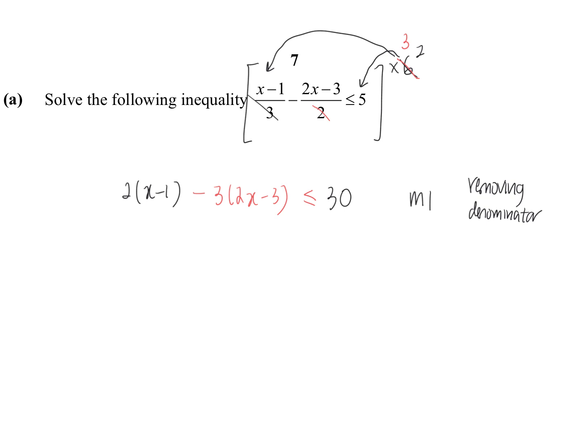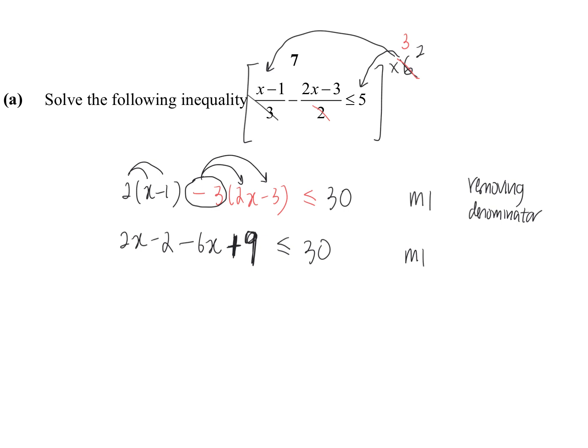Second mark is the expansion. You must expand correctly. Most of you, this one no problem, is the second term. I remember I even asked you to highlight. Negative 3 times negative 3 is positive 9. So when this one is wrong, I couldn't give you the mark.